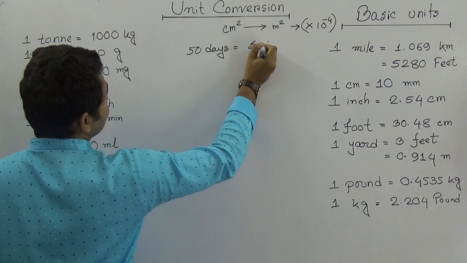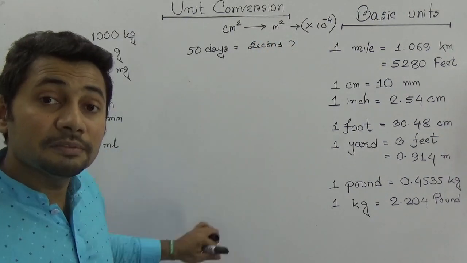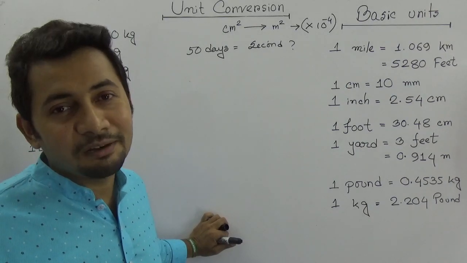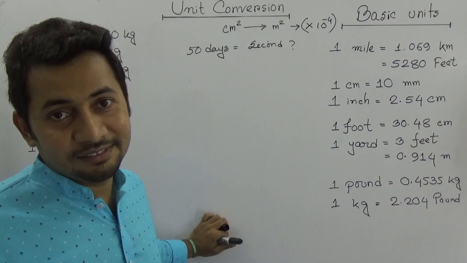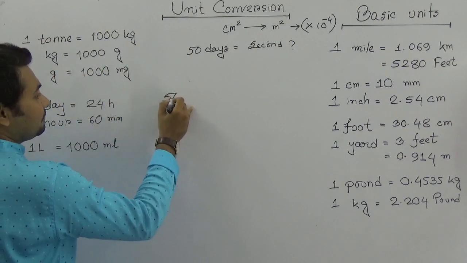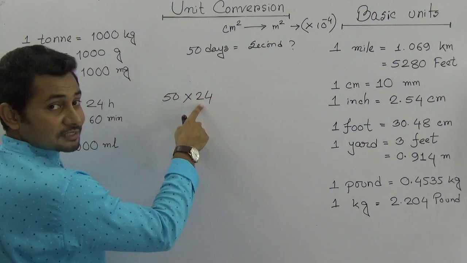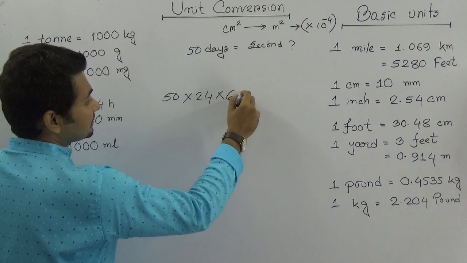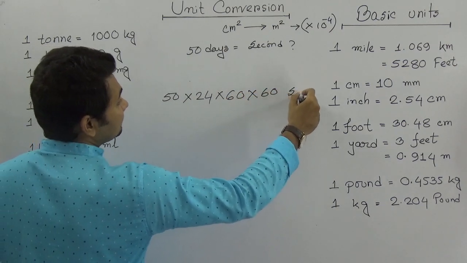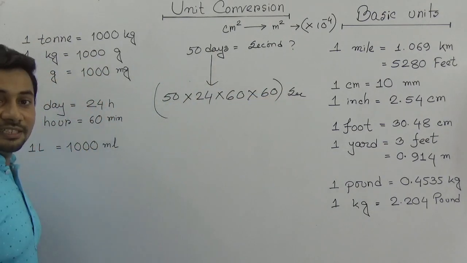We know that there are 60 seconds in 1 minute, 60 minutes in 1 hour, 24 hours a day, so nothing critical. So 50 days, 1 day 24 hours, 1 hour 60 minutes, and 1 minute is 60 seconds. So 50 days is that many seconds.